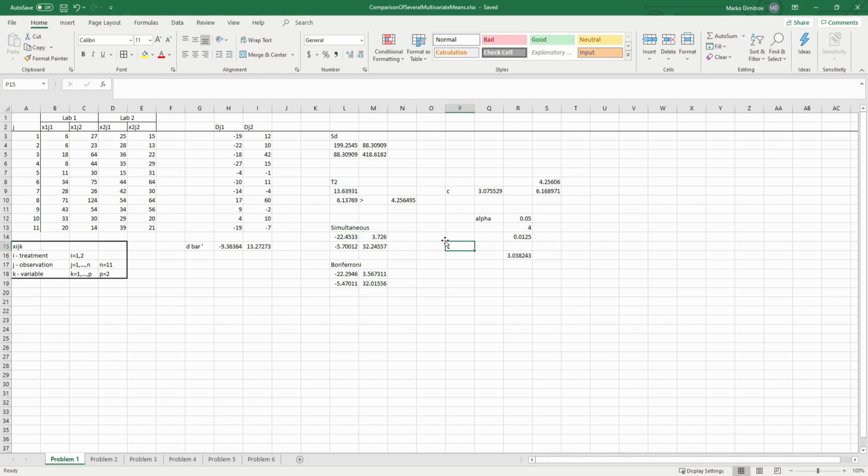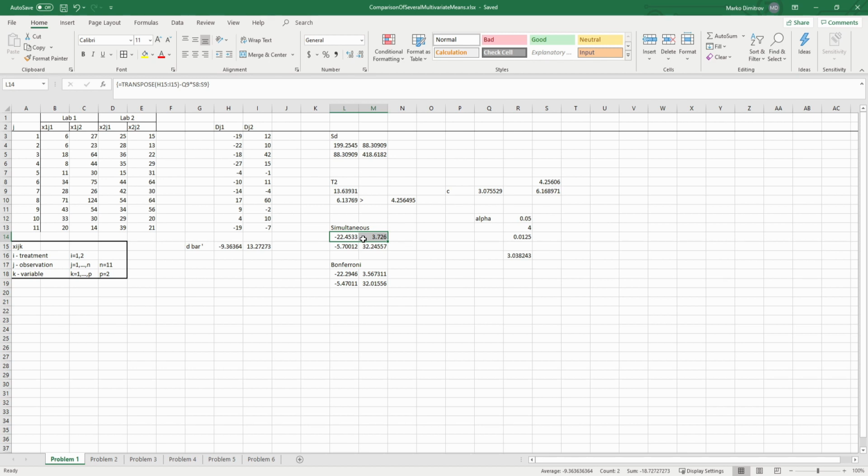If for any choice of a, the simultaneous intervals contain 0, then we cannot reject the null hypothesis. But in this case, we have that only for this particular a.